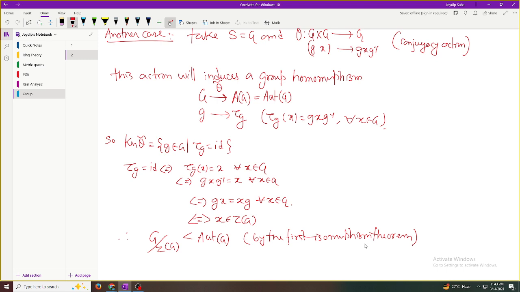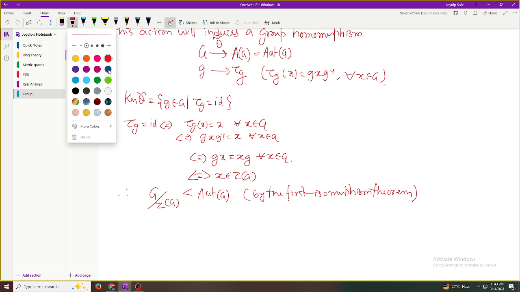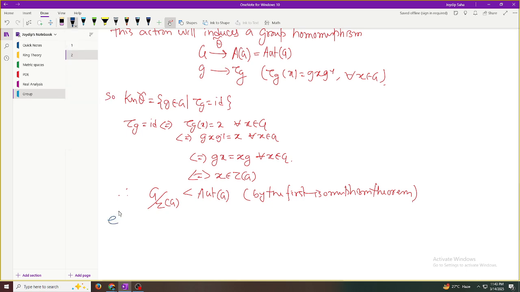So these are some trivial observations. Now the image of theta tilde: elements of the image of theta tilde are called inner automorphisms, just notation, or I should say the right definition.